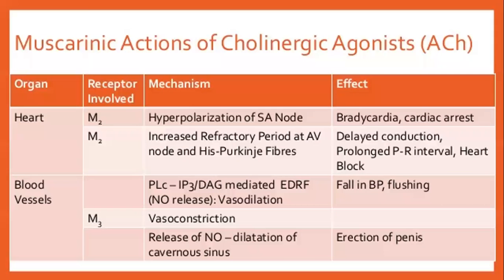After initiation of an action potential, the cardiac cell is unable to initiate another action potential for a particular duration of time. That time is known as the refractory period. So when that period increases, the time gap between two action potentials increases.